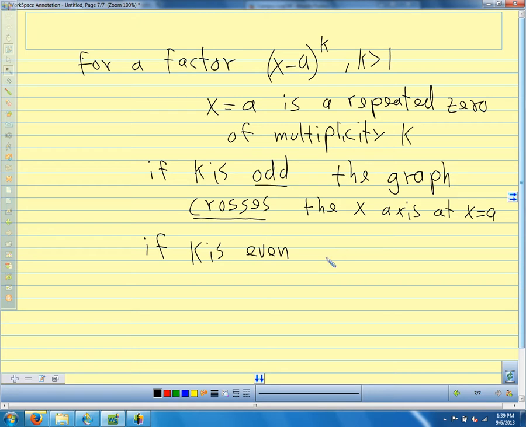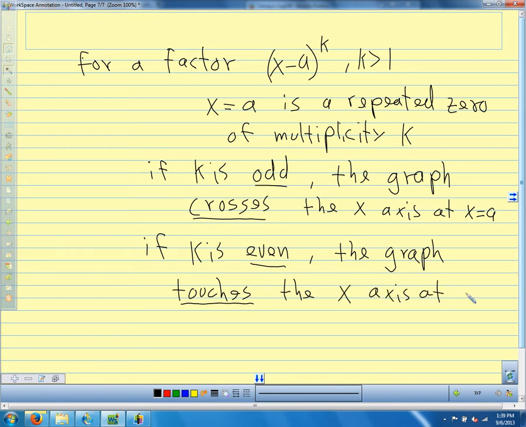If k is even, the graph touches the x-axis at x equals a, but it does not cross it.